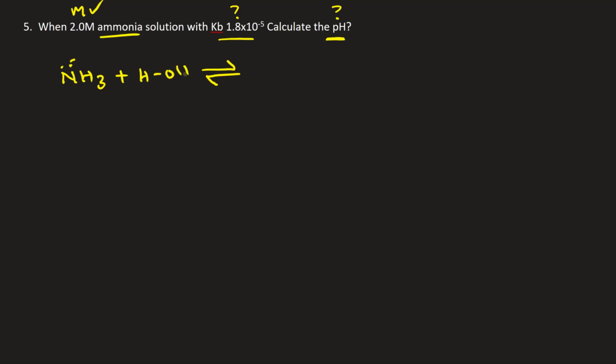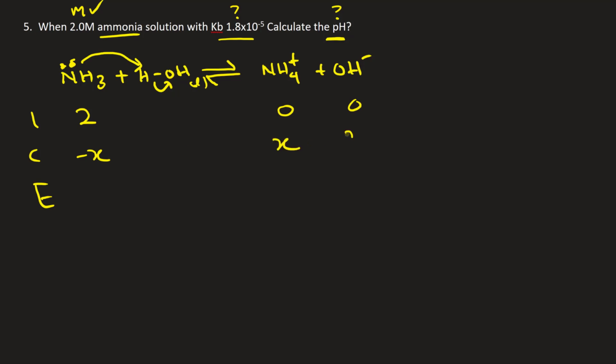Ammonia plus water, this lone pair actually grabs a proton from the water. Water is the acid, see, it gives the proton away, so ammonia becomes ammonium and hydroxide ion. So then you do the ICE table, 2 molar, 0, 0, minus X, X, X, and 2 minus X, X, X, right? Okay, now this is the magic.